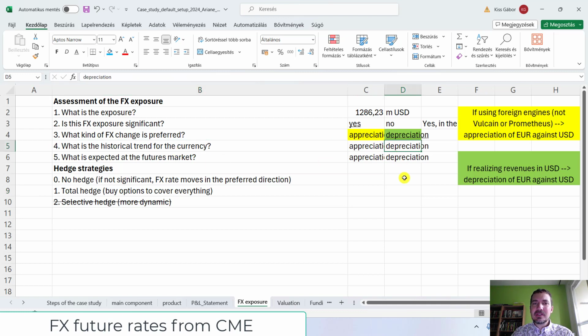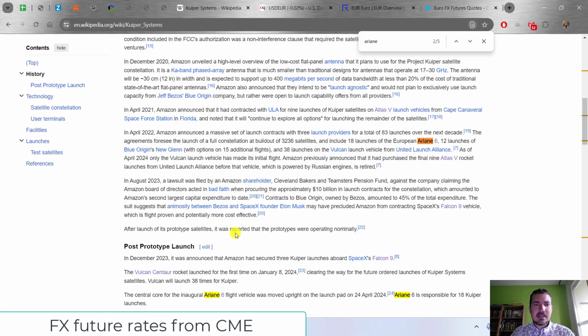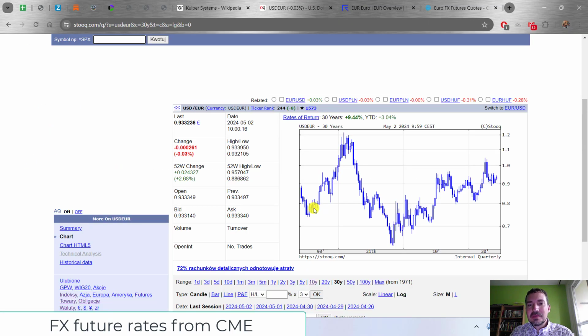Okay, what is the historical trend of the euro US dollar? Let's see. There was a time period when it was weak, and a time period when the euro was strong, obviously during the 2008 real estate crisis, and since then we can see that it's in a depreciating phase.